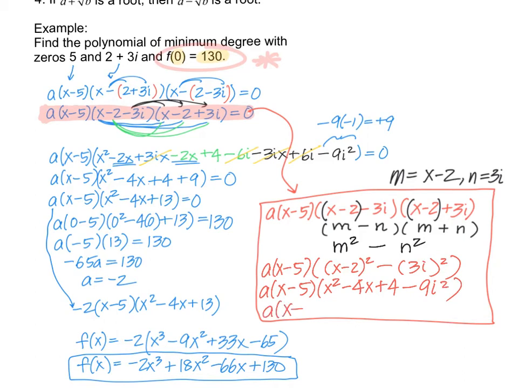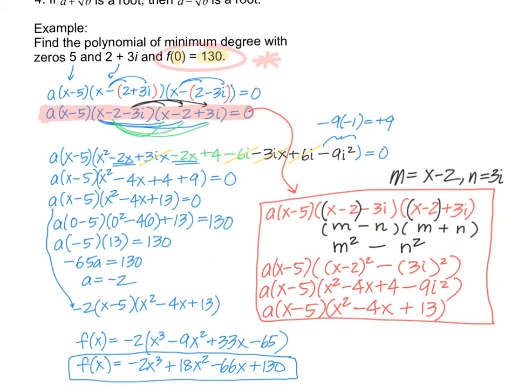And then you have x minus 5 times x squared minus 4x. And then this part, minus 9i squared, with i squared being negative 1, will give you 4 minus 9 times negative 1, which will give you plus 13. And take a look at this.